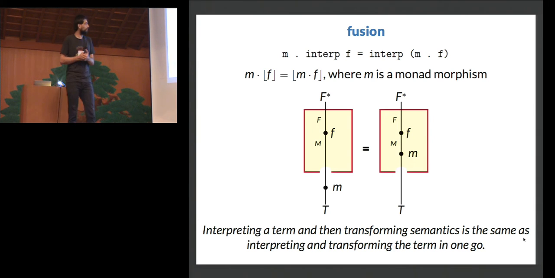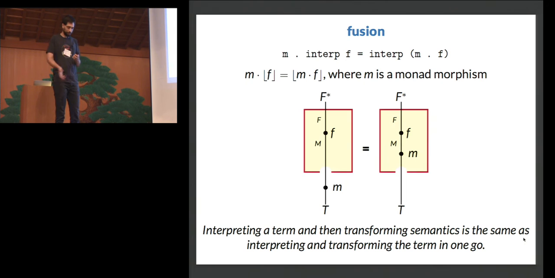And the fusion law says that it is the same thing. And in string diagrams, it just means that a monad morphism, but not any morphism, it needs to be a monad morphism, can slide in and out of the box. It uses this hole to do that.